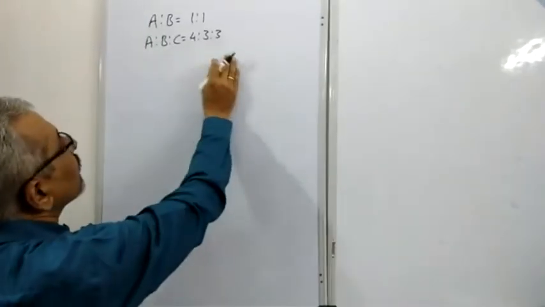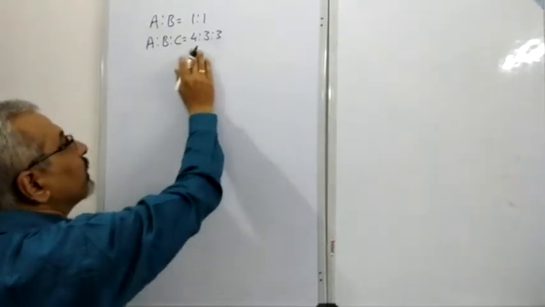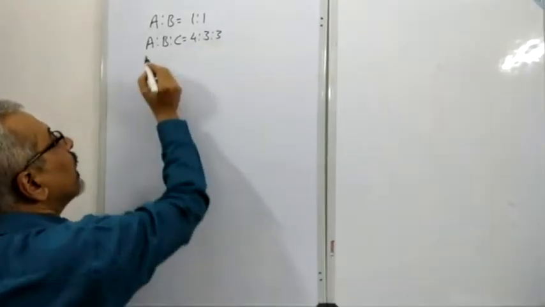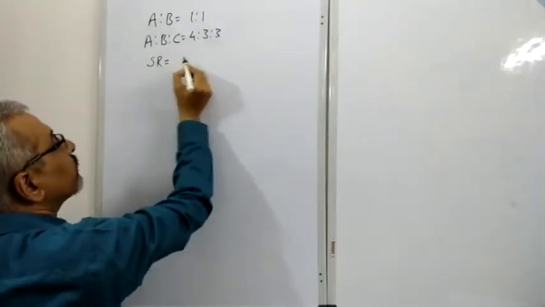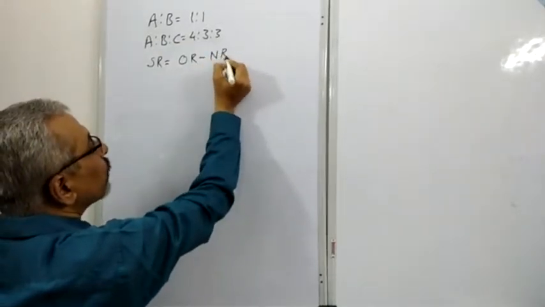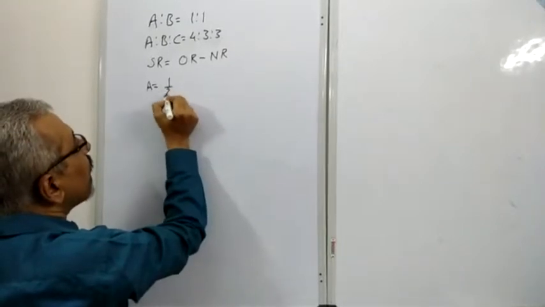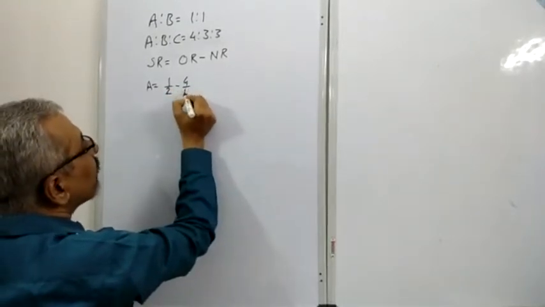Now we know that there are partners A and B with 1:1, and A, B, C with the ratio of 4:3:3, and we need to calculate a sacrificing ratio. Formula is old ratio minus new ratio. So therefore for A, the calculation will be half minus 4/10.